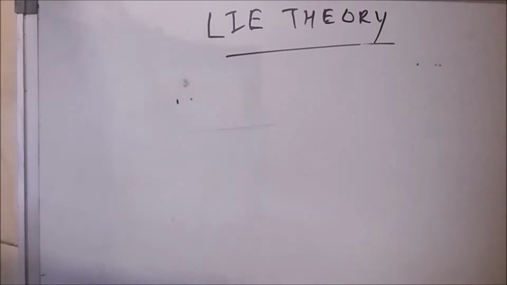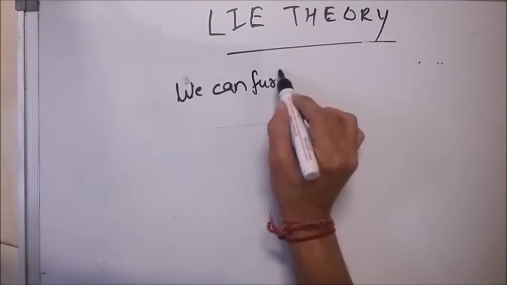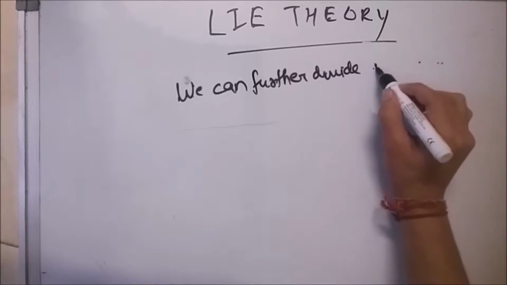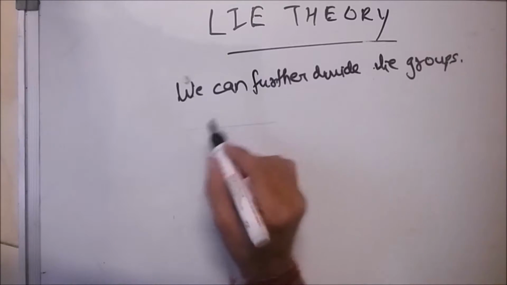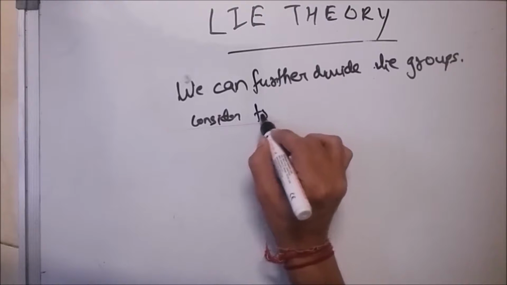As we had the notion of Lie groups, we can now further divide it into subparts. We will take the example of a mapping going from n-dimensional space to n-dimensional space, that is R^n to R^n.